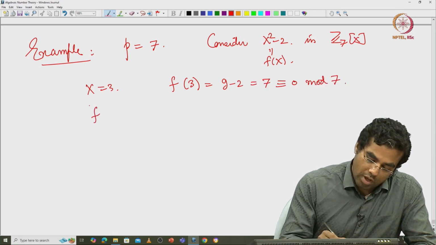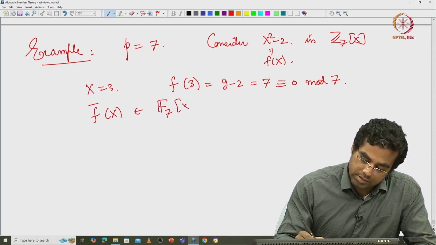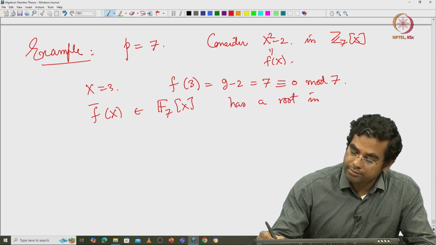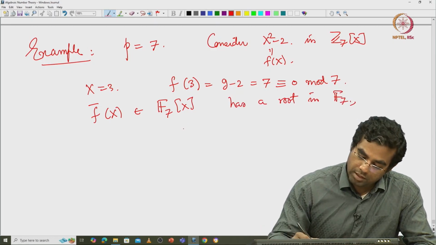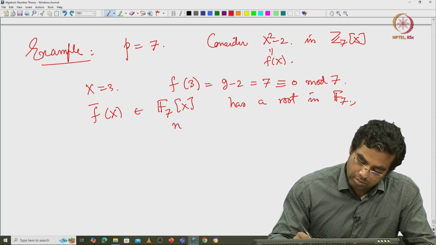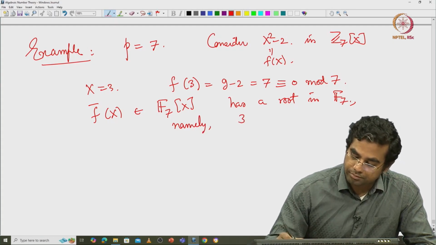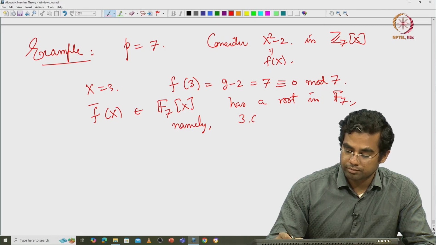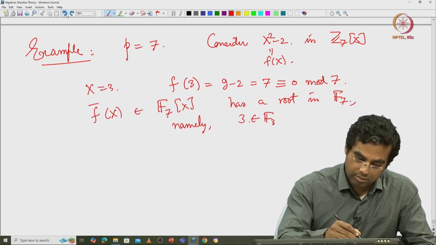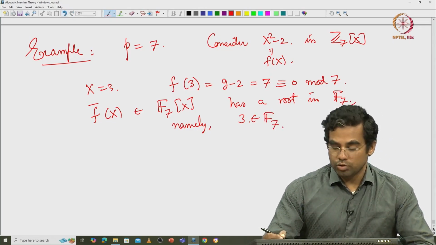which is congruent to 0 mod 7. So, f bar of x in F_7[x] has a root in F_7, namely 3, or 3 mod 7, sorry, not F_3, F_7.